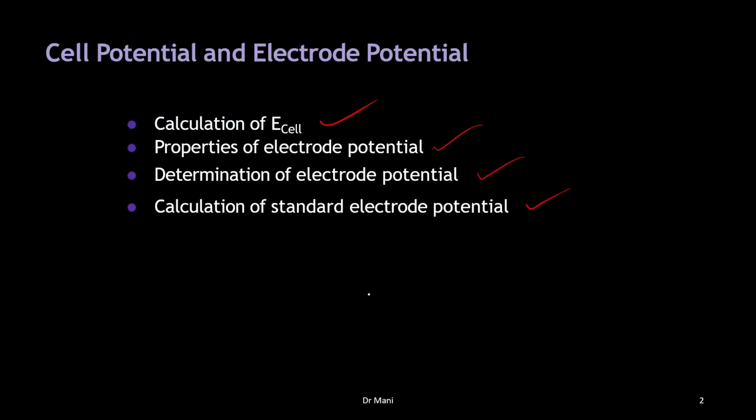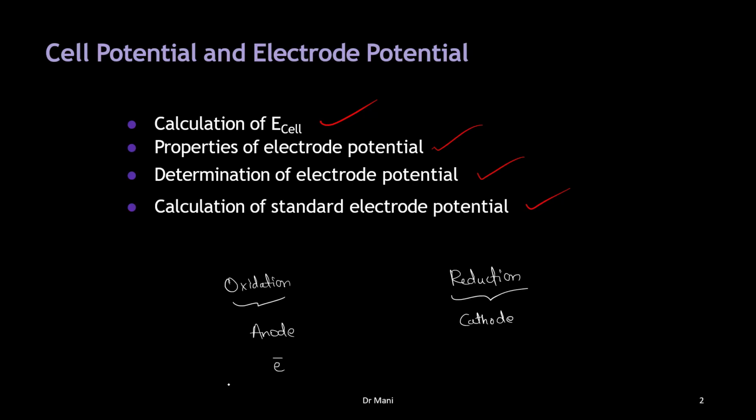So tell me, where does the oxidation happen? At the anode. Oxidation happens at the anode, and reduction happens at the cathode. During the anode reaction, the electrons are released.